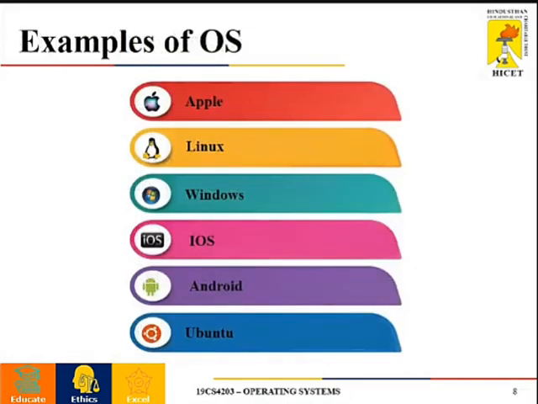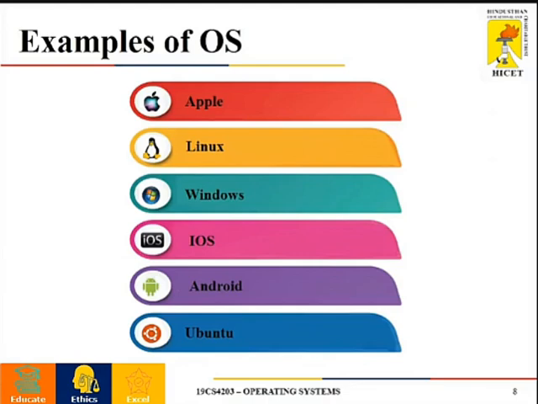The various examples of OS. As you can see, there are various real-time examples of OS that are available, provided by Apple, which is Mac OS, Macintosh OS, or the Apple OS. Then Linux OS is available. Windows, which, of course, all of you know, is an operating system provided by the company Microsoft.